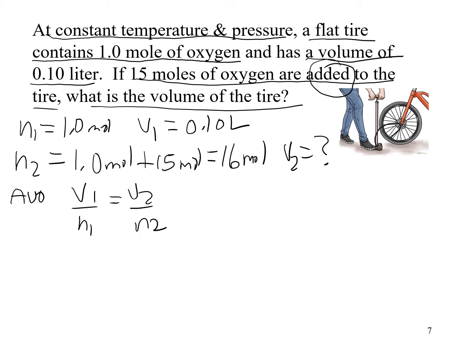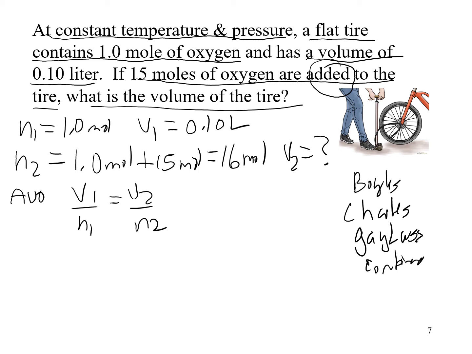When we looked at the first gas laws, Boyle's, Charles's, Gay-Lussac's, and the combined gas law, those were all for a fixed quantity, which means N, or moles, was not involved in any of those calculations.